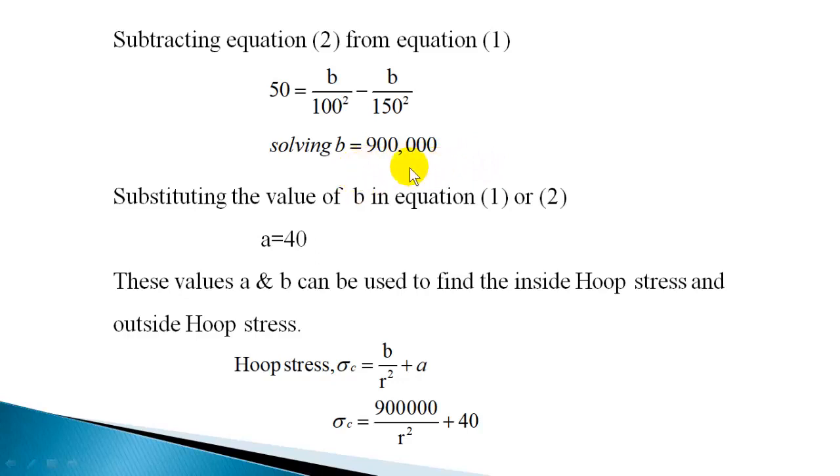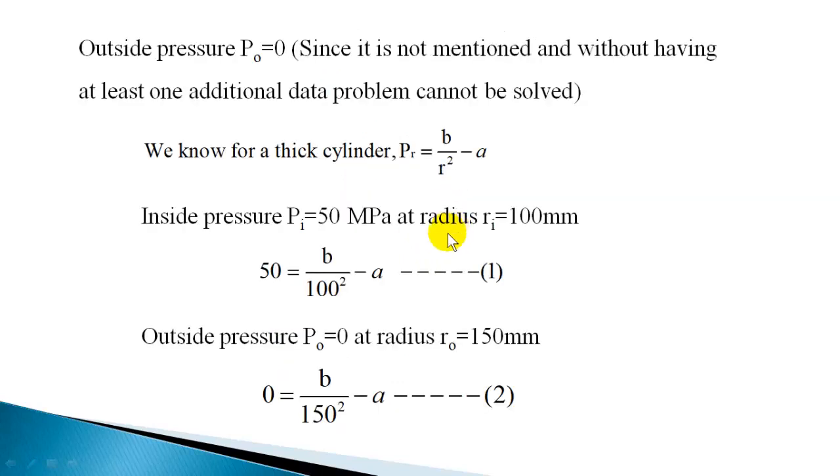Now once you get this constant, you can substitute this constant in any one of these equations which you have. So B is 900,000. You can substitute in this equation or the second equation. In this case, because denominator here we have 100 square, this equation will be easy. Here you have 100 square, which is 10 raised to 4, 900,000 divided by 10 raised to 4 will give 90.